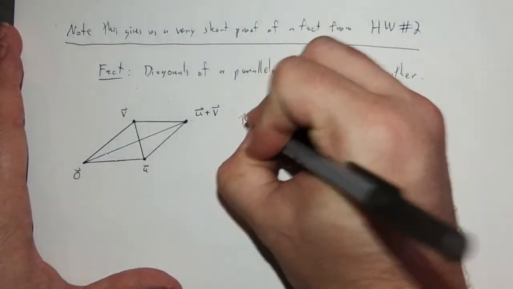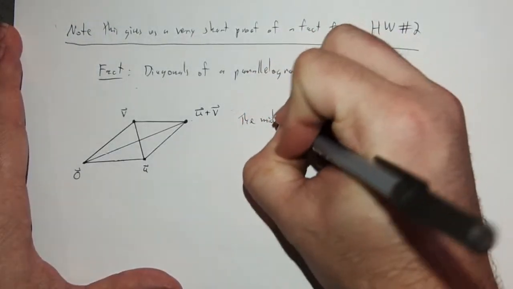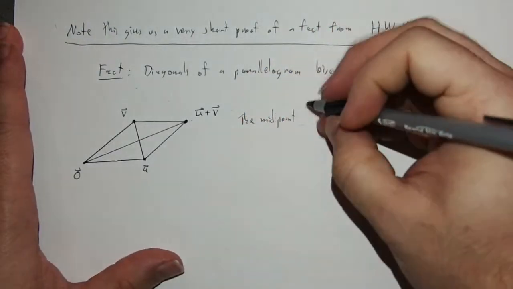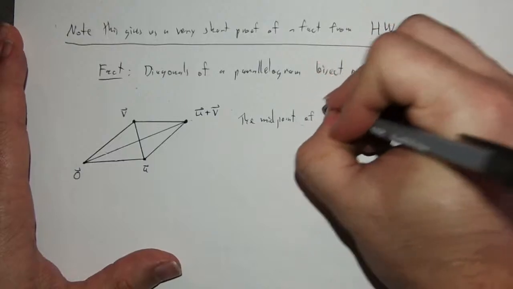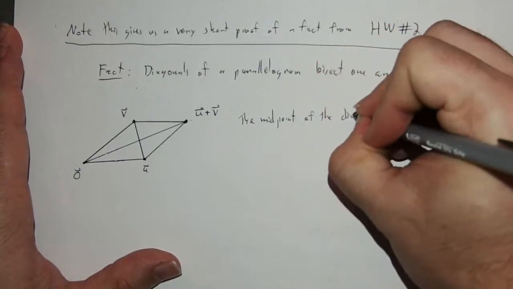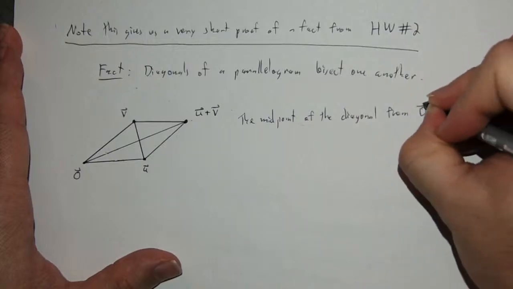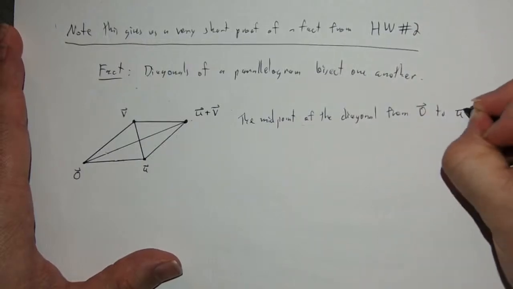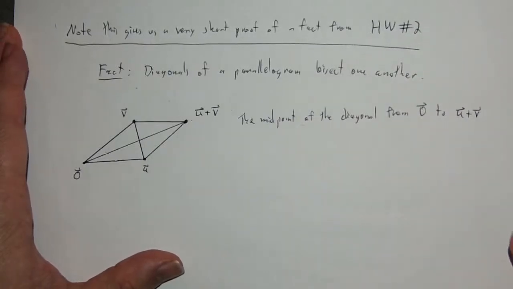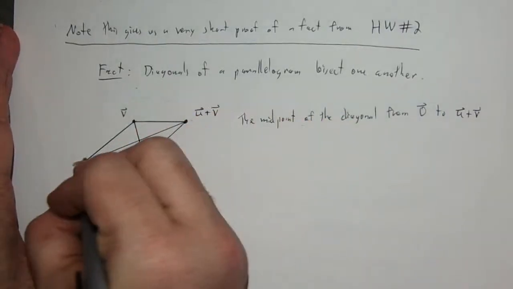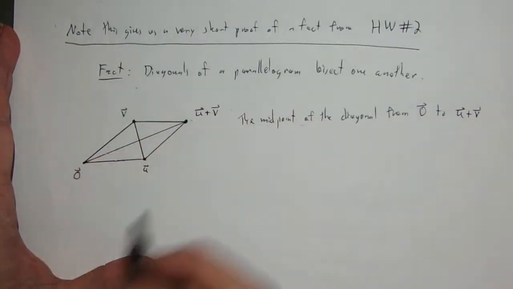The midpoint of the diagonal from 0 to u plus v is what? So that's this diagonal, the longer diagonal in this case.